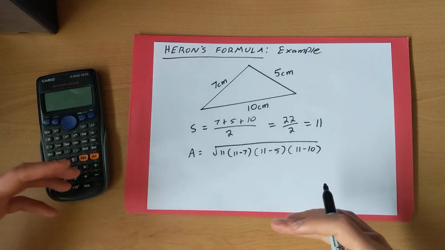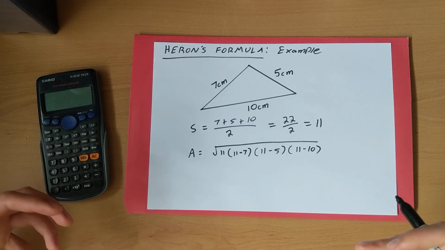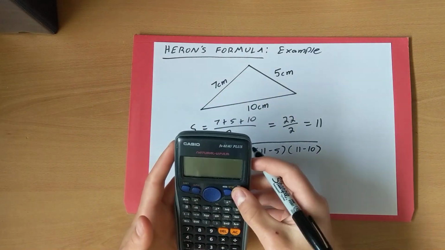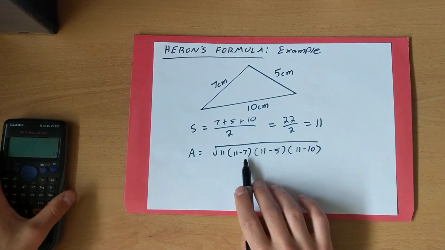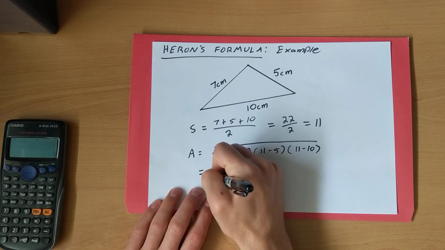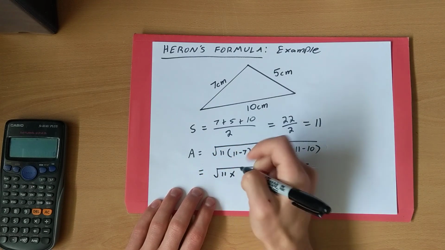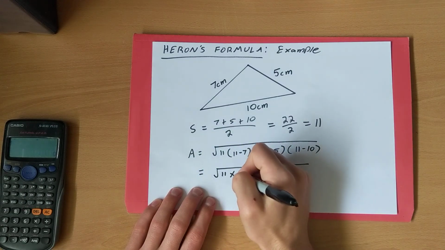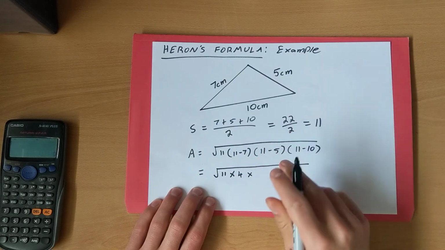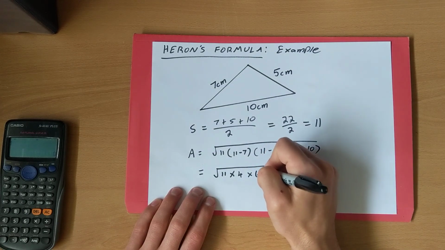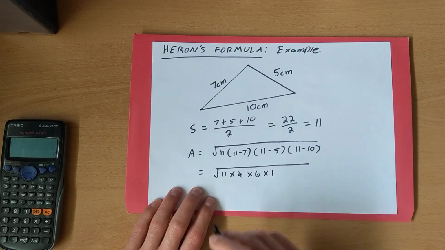But just to step you through it to make sure that we understand how this is going to work, I'm going to do it step by step. So first, let's work out what each of the things in the brackets are. So that's going to equal the square root of 11 times (11 minus 7 is 4), times (11 minus 5 is 6), times (11 minus 10 is 1).